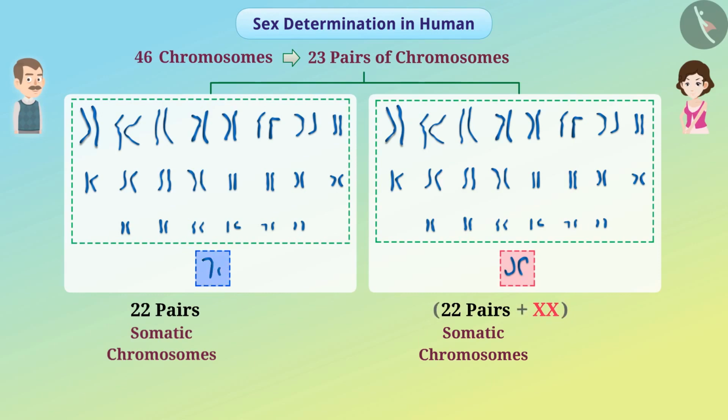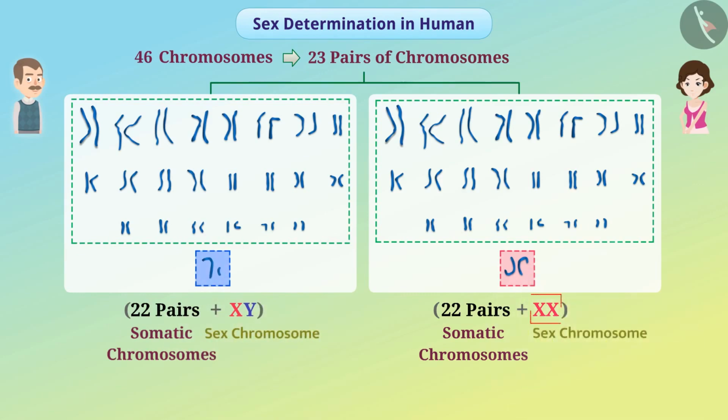Of these, the chromosome of normal size is represented by X and the chromosome of smaller size is represented by Y. The sex of zygote is determined on the basis of these chromosomes, that is, X and Y. Therefore, we call these chromosomes the sex chromosomes. In this way, the pair of sex chromosomes in males is XY and in females, the pair of sex chromosomes is XX.